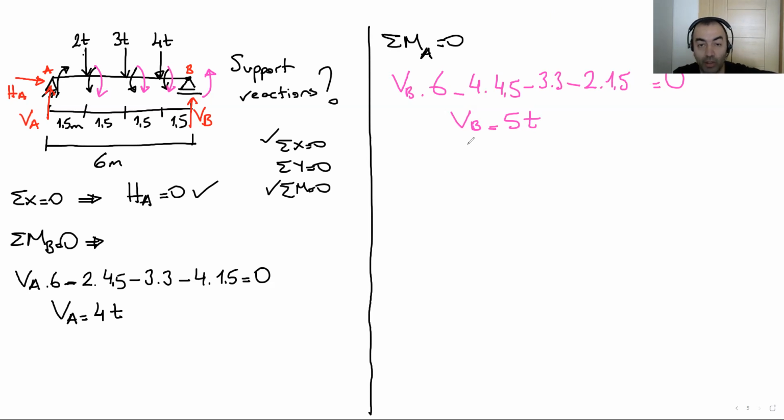Okay, here we have vertical A and vertical B. Did we solve the problem? Yes, we have all the support reactions. Support reactions are this one and this one.